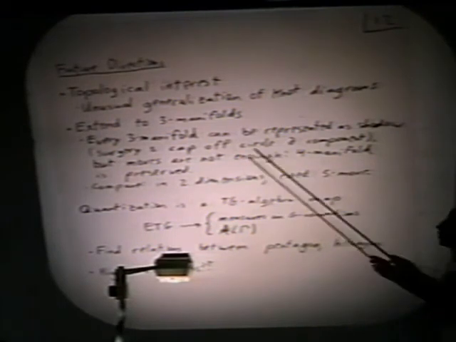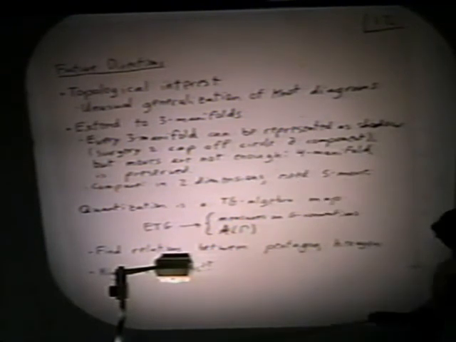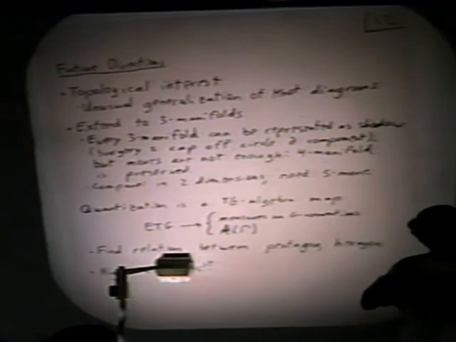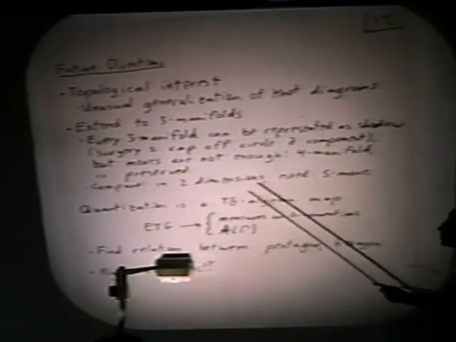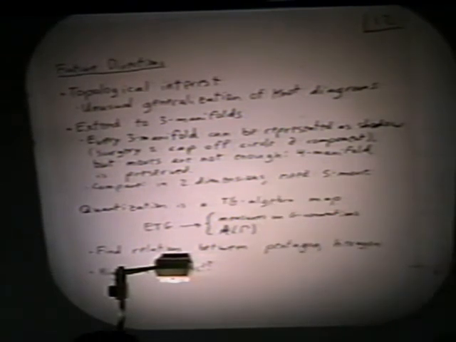It can't be true that every three manifold can be represented this way just by removing the topological restrictions on the two complex. The reason is that attaching a disk to one of our circle boundary components corresponds to performing surgery on that knot. So we can represent any link, and then we can do surgery on the link to get any three manifold.